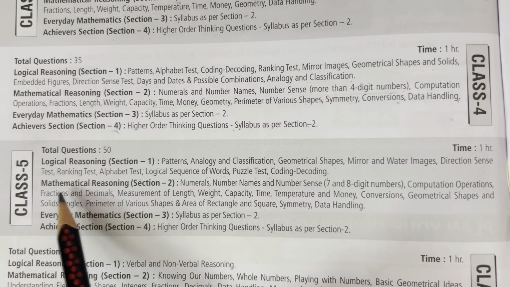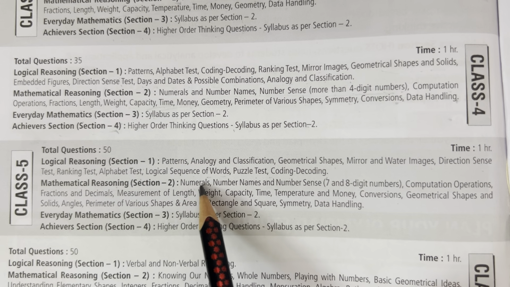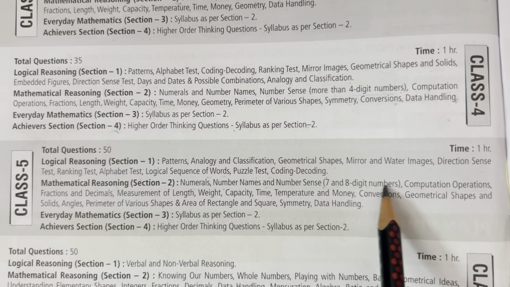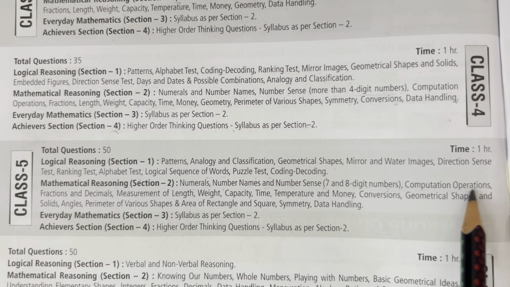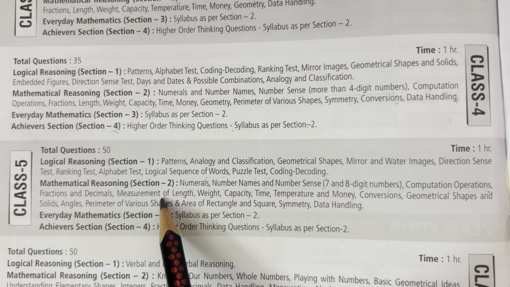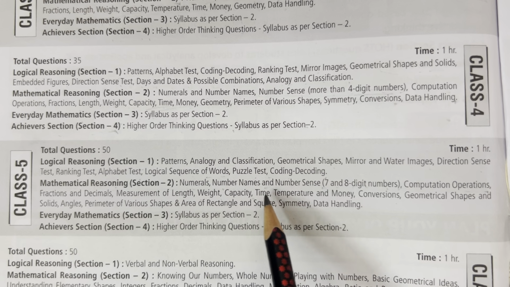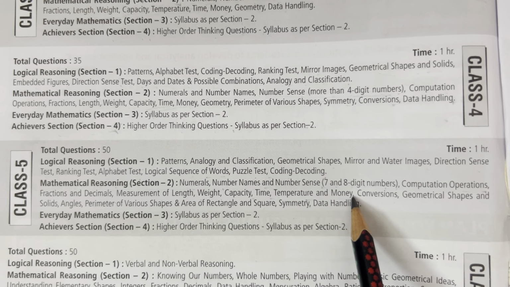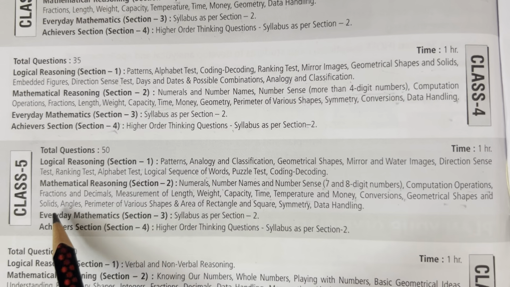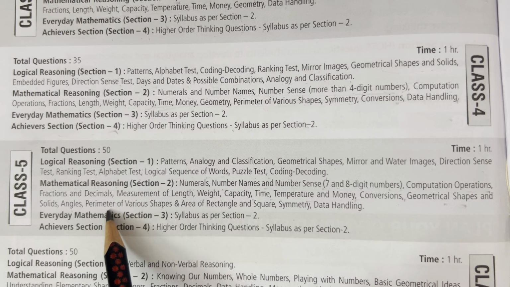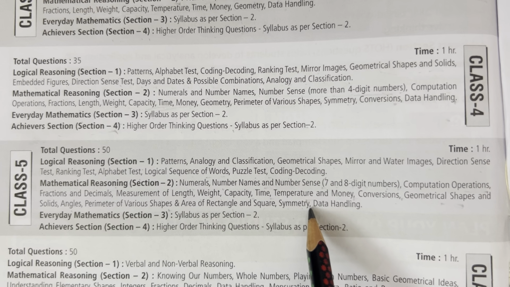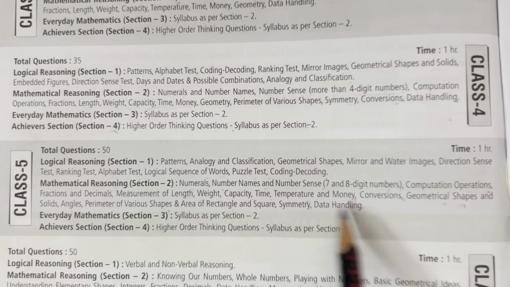And in section 2, that is mathematical reasoning: numerals, number names and number sense, 7 and 8-digit numbers, computations, operations, fractions and decimals, measurement of length, weight, capacity, time, temperature and money, conversions, geometrical shapes and solids, angles, perimeters of various shapes and area of rectangle and square, symmetry, data handling.